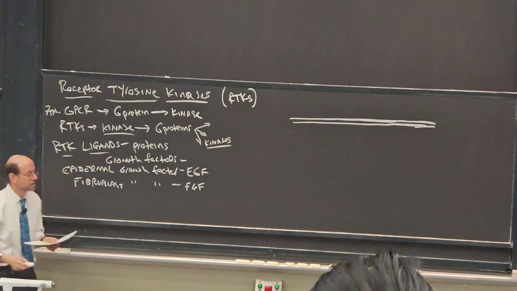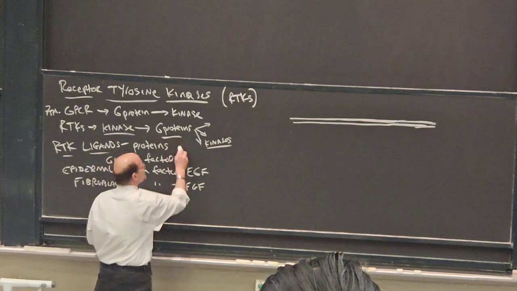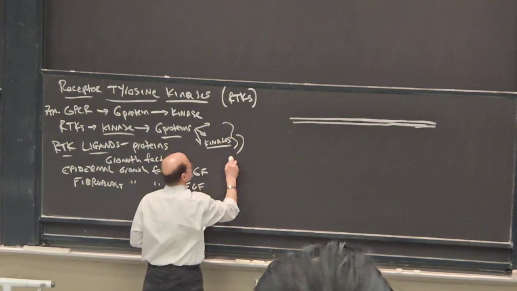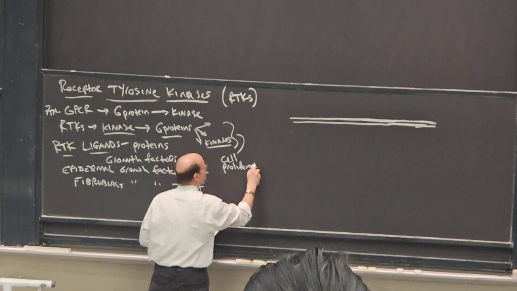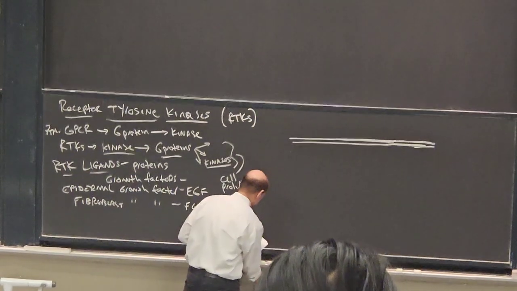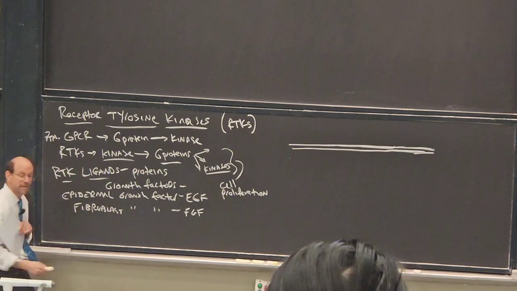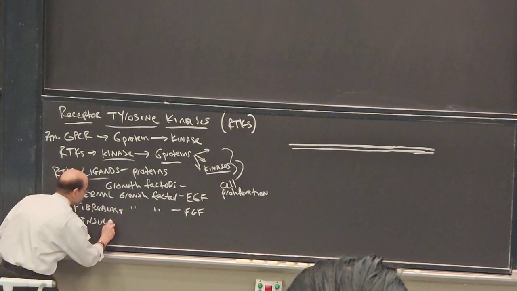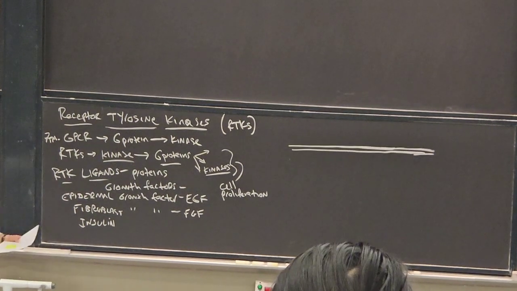All of those growth factors typically work through this process, because one of the main things these G proteins do, besides activating kinases, is drive overall cell proliferation. Now I'm going to add one more growth factor. Maybe you hadn't thought of it as a growth factor, but that would be insulin. Insulin is another growth factor that works through binding to a receptor tyrosine kinase.